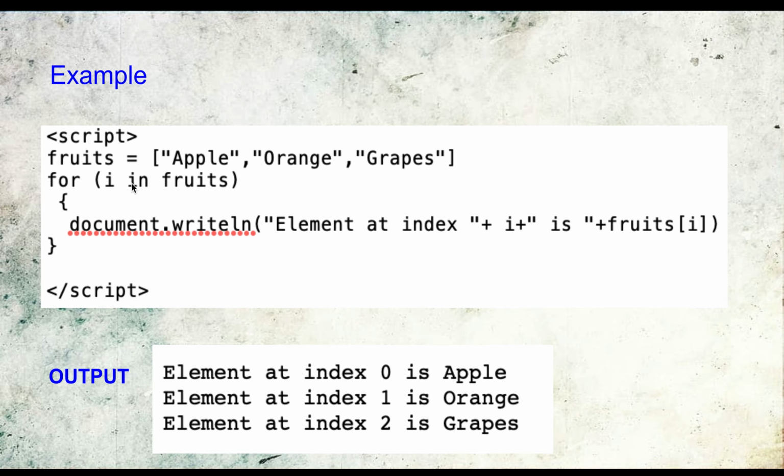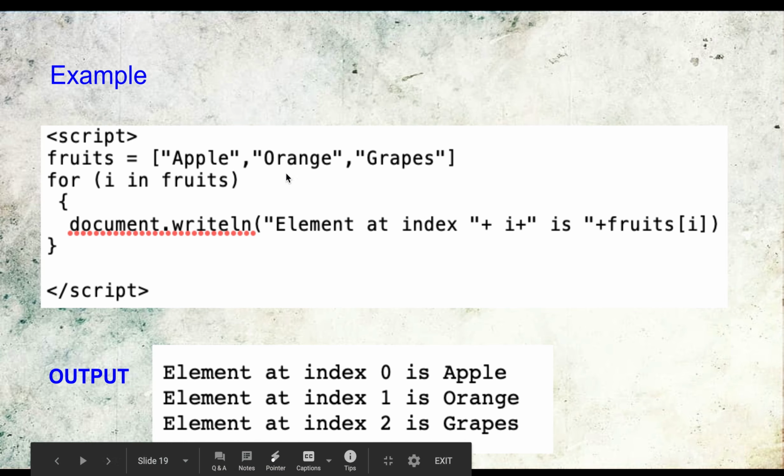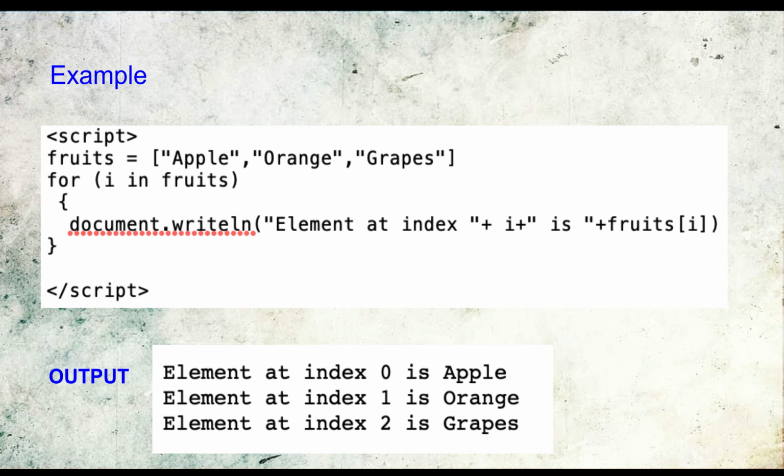So here for in is used to iterate through the properties or indices of the objects. In this case, for in iterates through the indices of the array fruits. And you can see the output also. This is the simplest way of using the for loop with arrays. You can also do the same with strings.